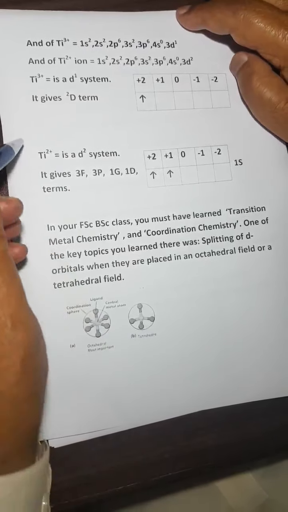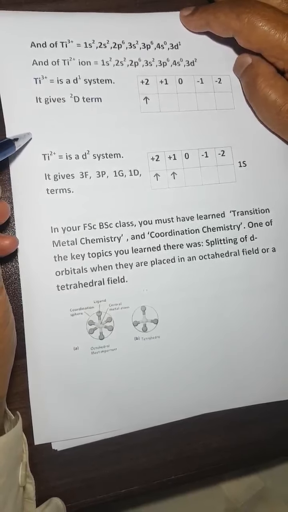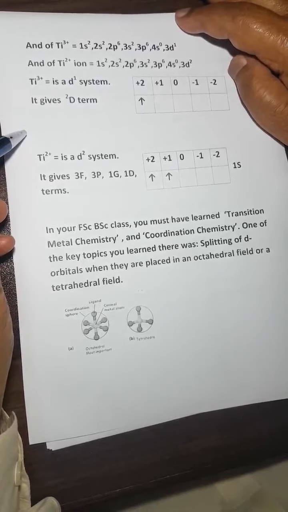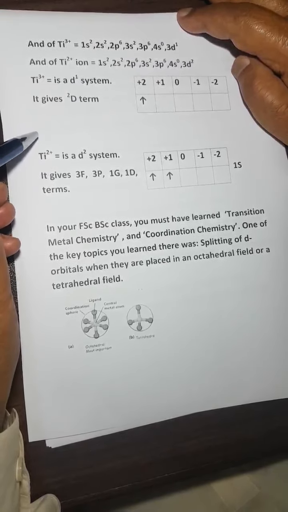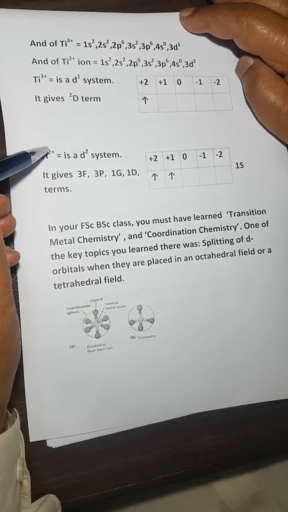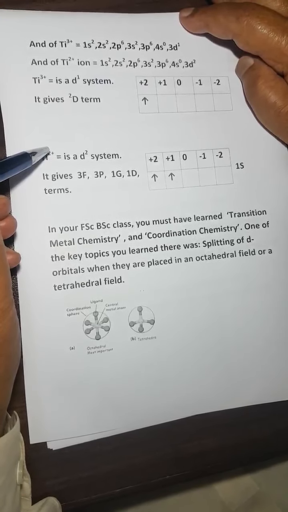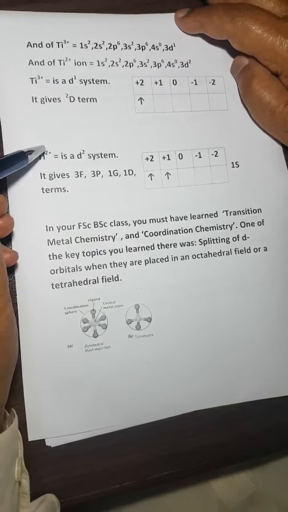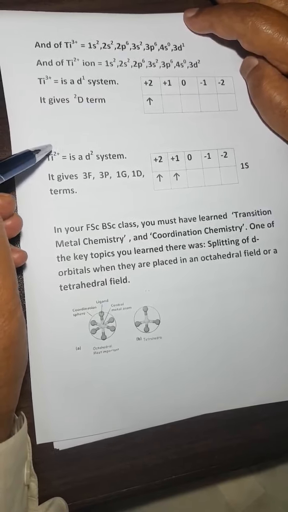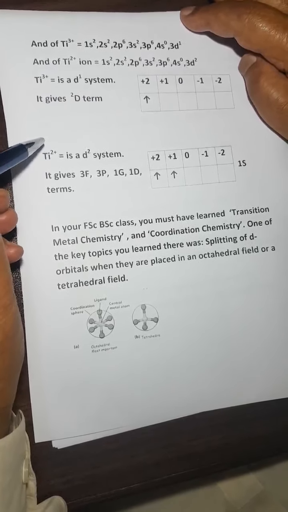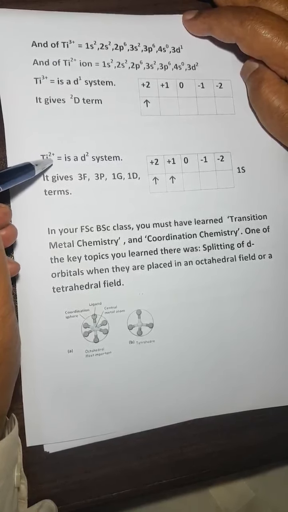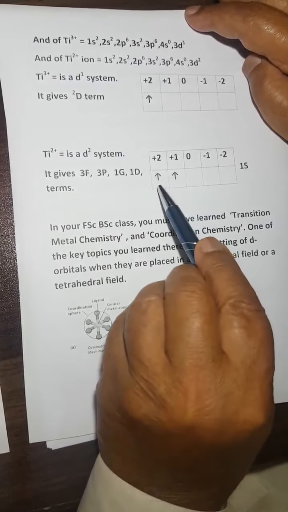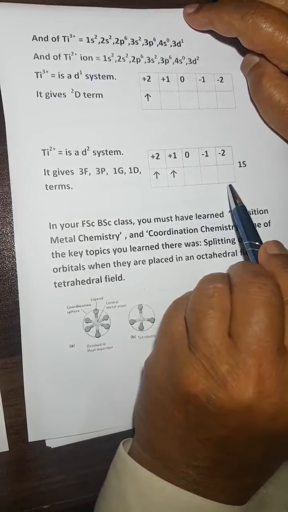When such metals are surrounded or attacked by some species which has electrons, lone pairs of electrons, we call them ligands. When they are attacked, the degeneracy of these orbitals is lifted.